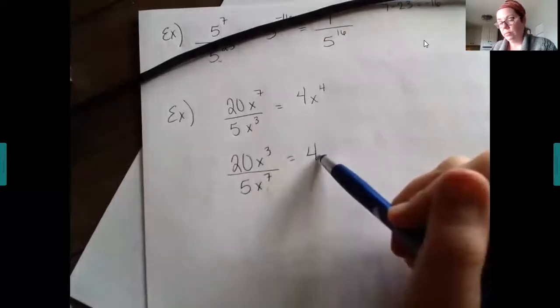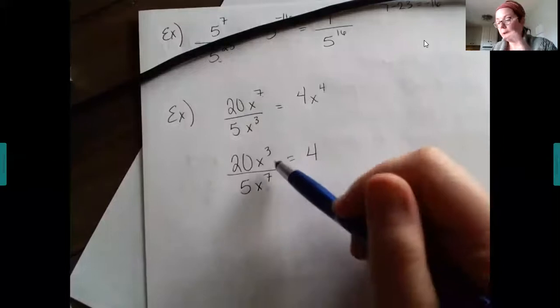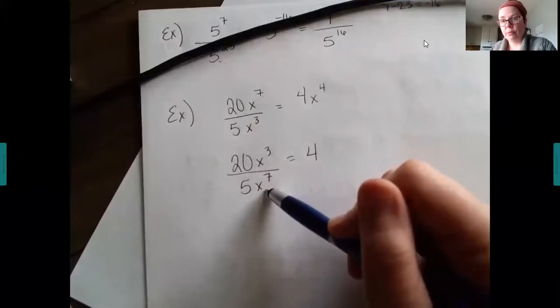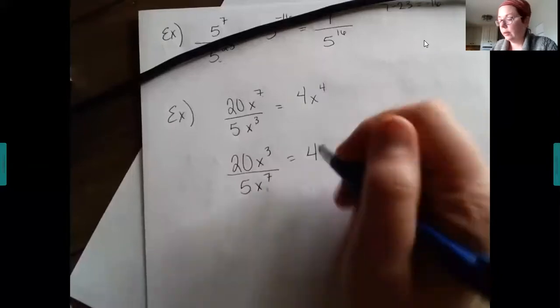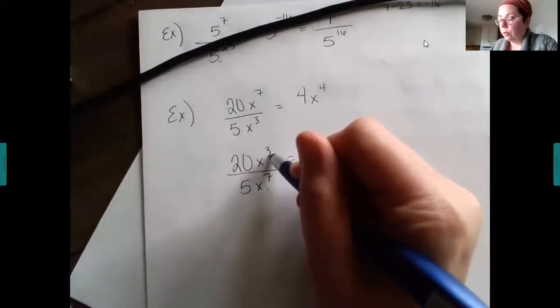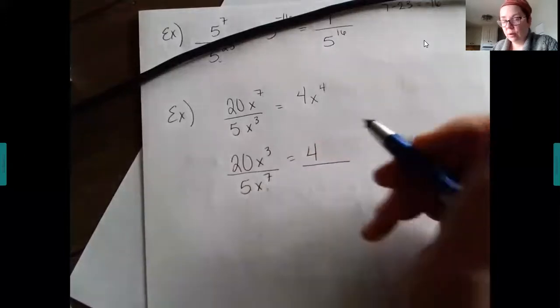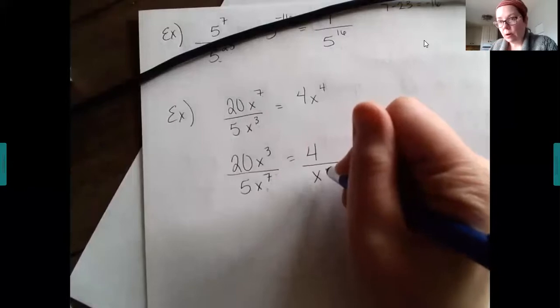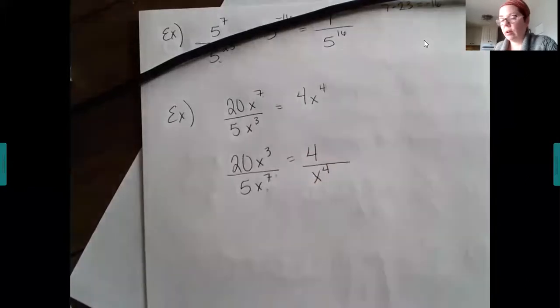This 4 is big enough to stay up on top, but now our x's want to live in the bottom. That's where they're happy, that's where they want to stay. So if we do 3 minus 7, we get 4. We leave the x's where most of them are, and so they are happy down there, okay?